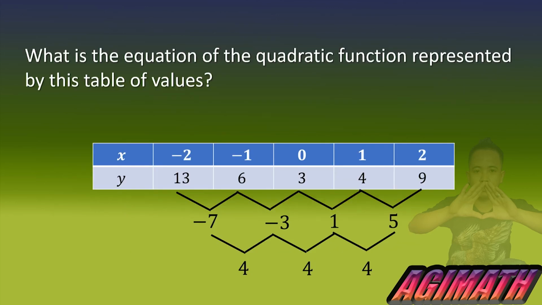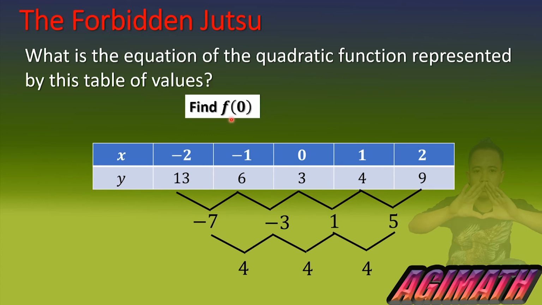Finally, we can have the value of c, and the value of c is very simple. We are just going to find f of 0, meaning what's the value of y when x is equal to 0. That's the meaning of this. Find f of 0. What's the value of y when x equals 0?